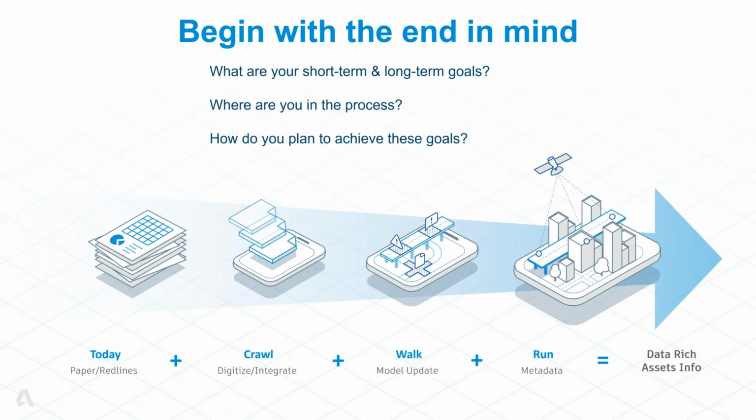What's the next step? Well, we've got to get up and crawl, meaning we've got to start to put some of our processes onto the cloud, or if not even in the cloud yet, digitized, right? Getting off paper. And that's step one. Step two, we're actually starting to run. We're moving from a more 2D-based workflow into a model-driven workflow.